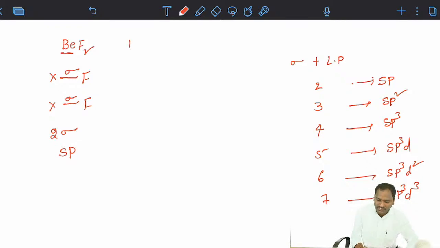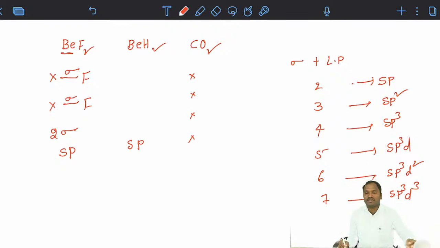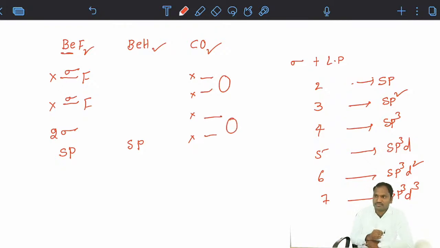Next, BeH2. Same: since hydrogen is also monovalent, we get 2 bonds, sp hybridization. One more, CO2. Carbon belongs to group 14, so its number of valence electrons is 4. Oxygen valency is 2, so it can form 2 bonds, and the other oxygen also forms 2 bonds.